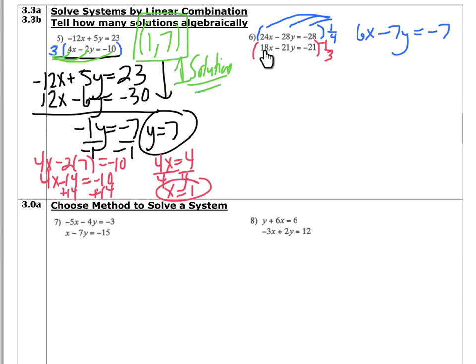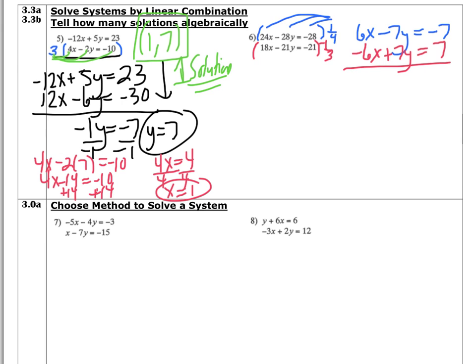If I do 18 divided by negative 3, I'm going to get a negative 6. If I do negative 1/3 here, this will become positive. 21 divided by 3 is 7, so this actually becomes plus 7y. This one here becomes negative 21 times negative 1/3, and it's going to be a plus 7.